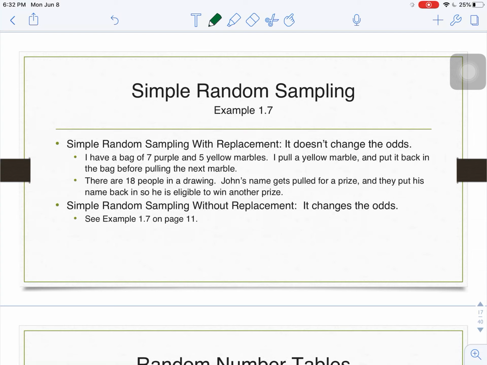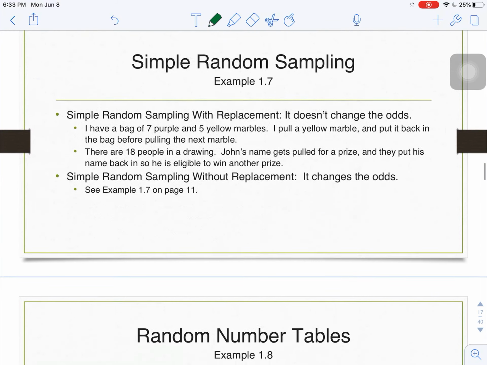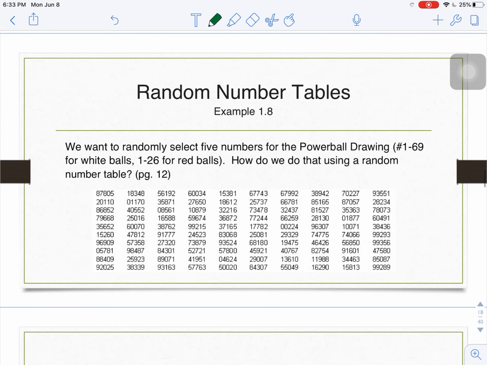I'll go back to the example of eating M&Ms. If I open up a bag of M&Ms and I pull out a brown M&M and eat it, I've now changed the probability of picking another brown M&M. I've actually changed the probability of selecting any color of M&M because we have one fewer M&M in the bag now.